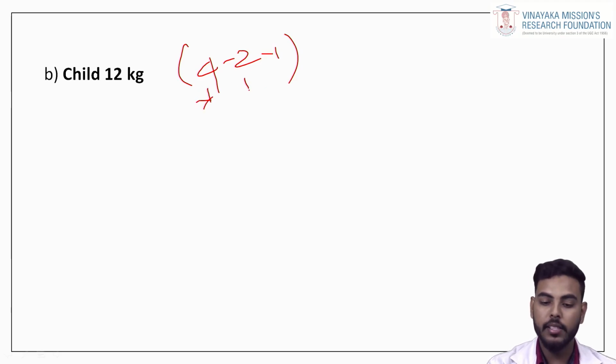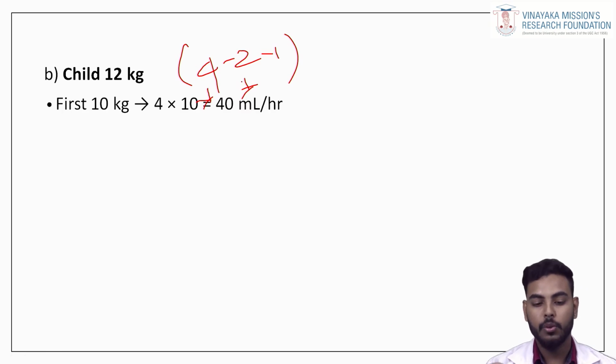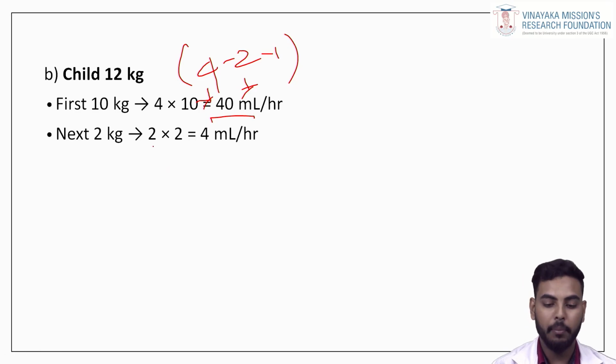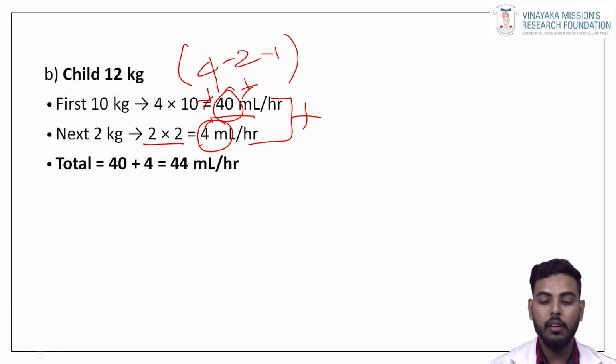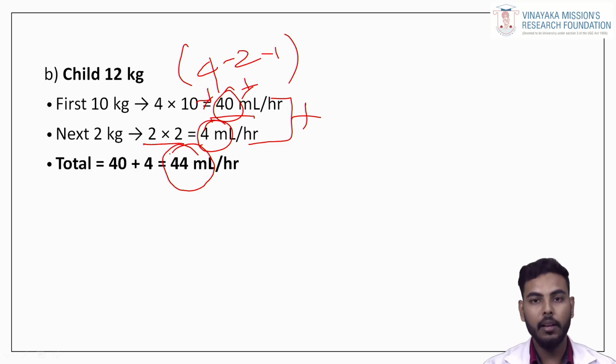For the next 2 kgs we will be multiplying with 2, that is 4 ml per hour. Now we add these, so totally for an hour, for this pediatric patient we will be providing 44 ml per hour.